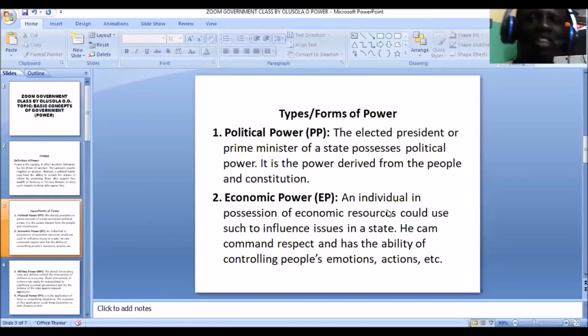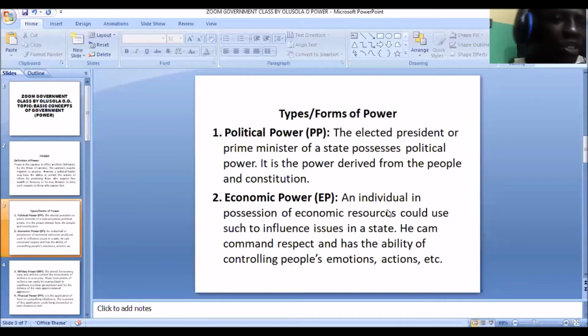So the government of different countries or nations must always take into cognizance the presence and the position of the economic or business tycoons in their states before they take any policy or program on economic issues.